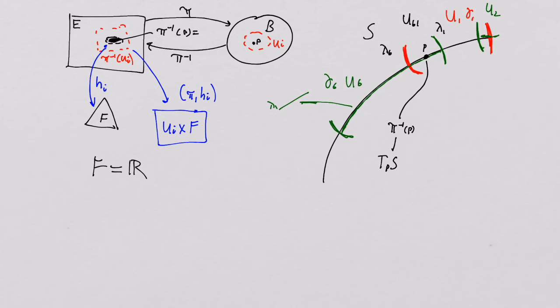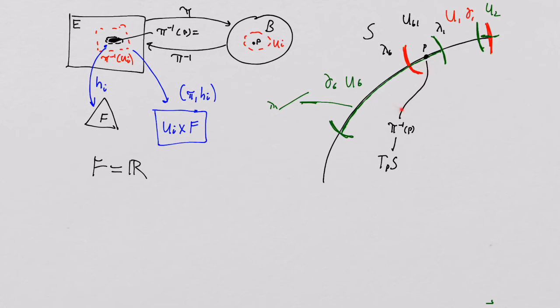And ultimately, you remember that that ultimately gives us a basis for the tangent space at every point in U6. Likewise, every point in U1 will be assigned a basis in the tangent space, but that basis is driven by the U1 coordinate, which is driven by the gamma 1 chart map.